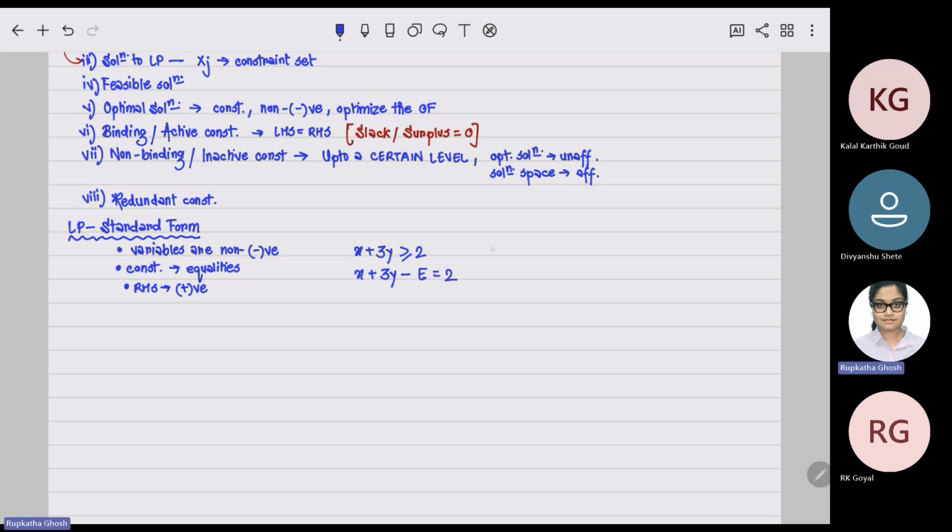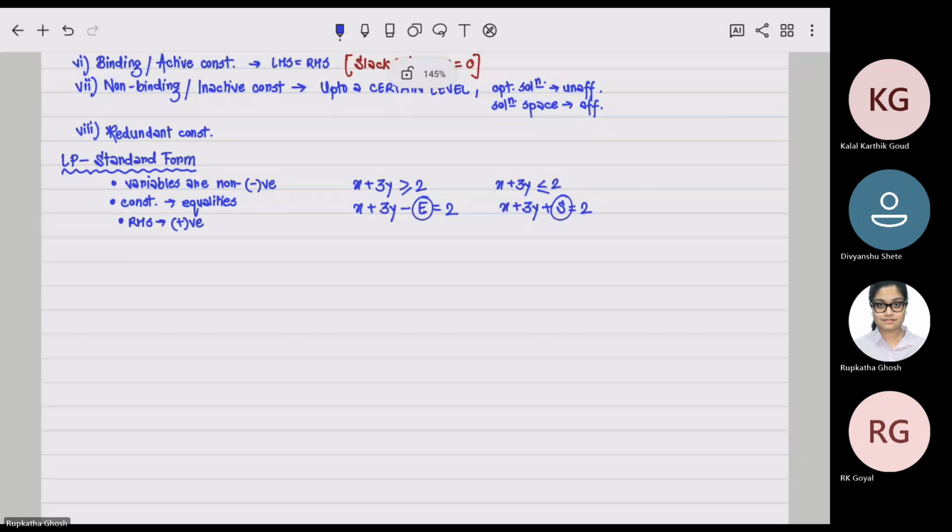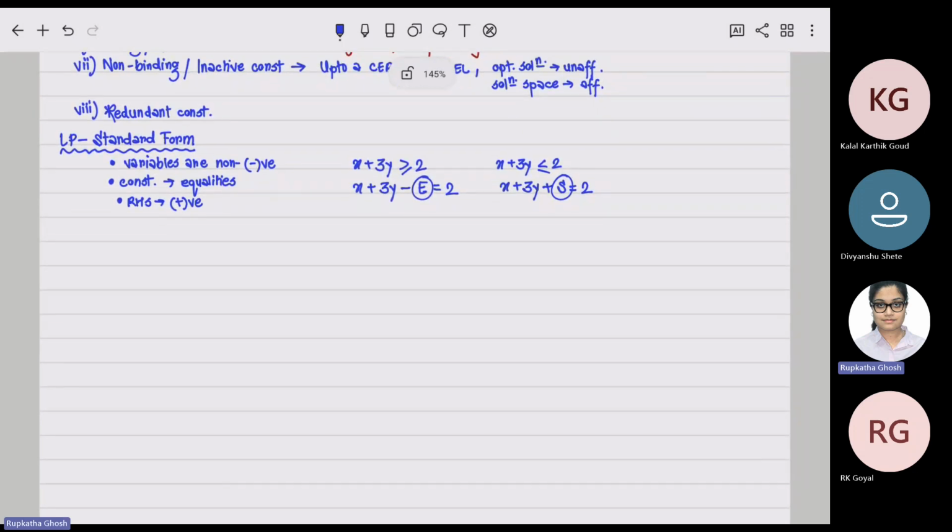Similarly, for a less than or equal to constraint, you add a slack variable. So this is a slack variable, this is your surplus variable. Slack and surplus variables represent the difference between the left-hand side and right-hand side of the constraints.